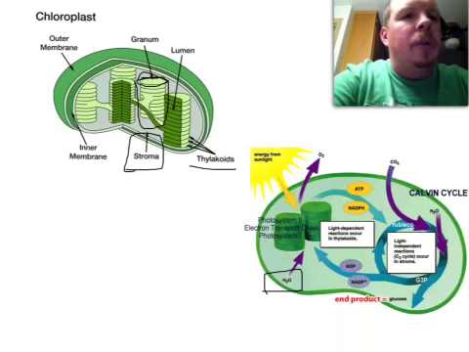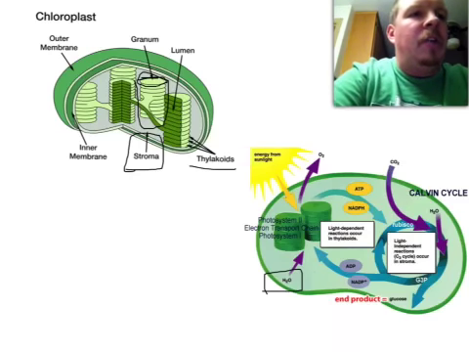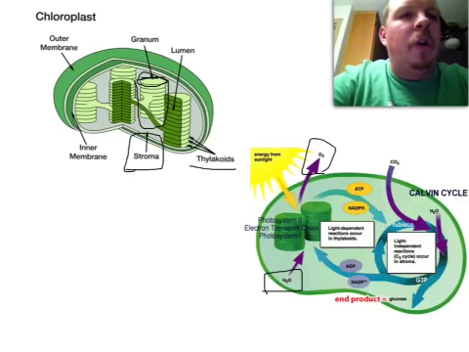And so the hydrogen ions and the electrons are used and sent outside into the stroma, and oxygen is produced as a gas. So oxygen is actually a waste product for plants, and it goes back out of the plant, and then we breathe it in.